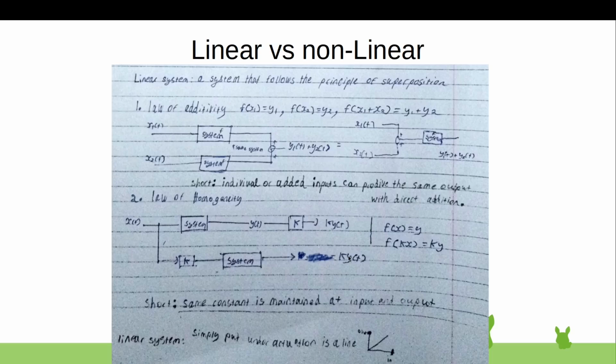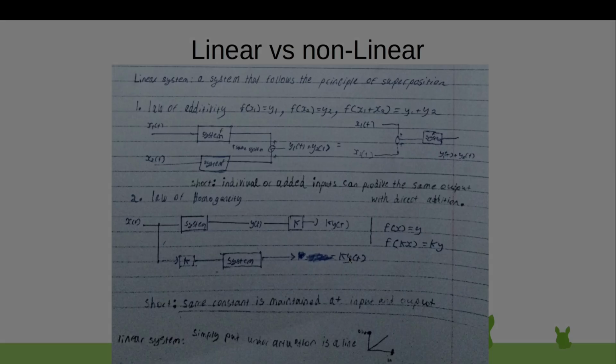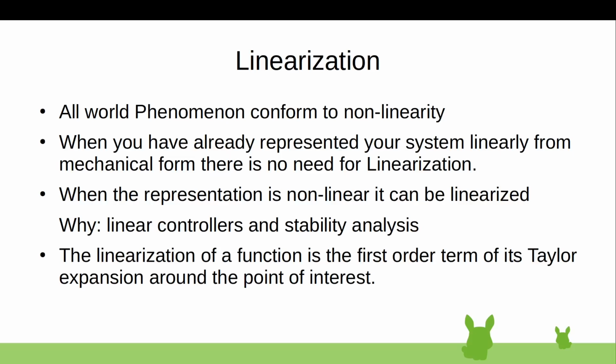And in a very simplistic kind of way, actuation means to do something to the system. So if you do something to the system, you would basically get a line, kind of. It'll have a line shape, as in the sense of linearization.